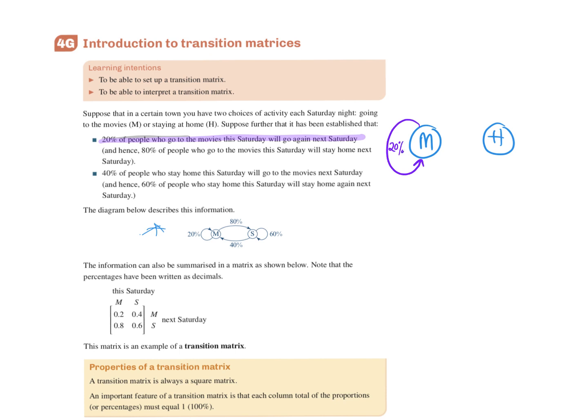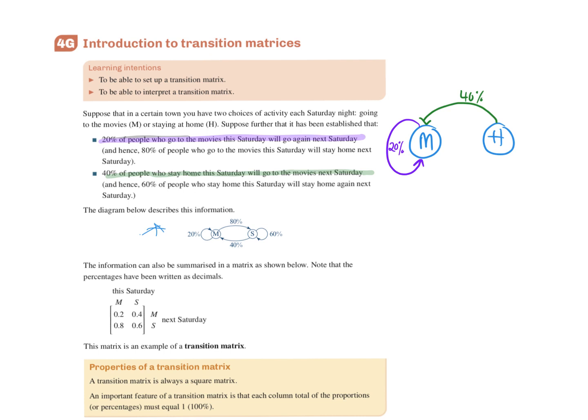Then the next one says 40% of the people who stay at home will go to the movies next Saturday. So we're at home, and then the next time they go to the movies, so we know that's 40%.